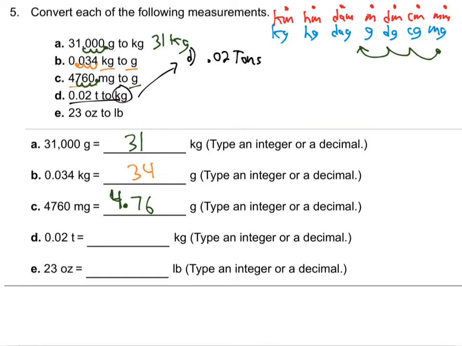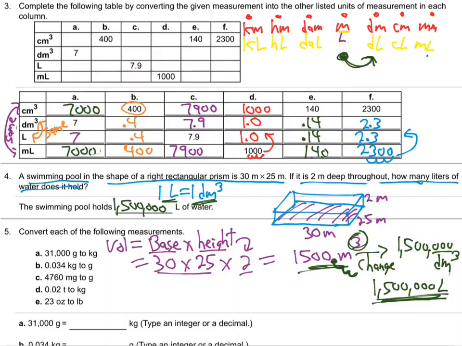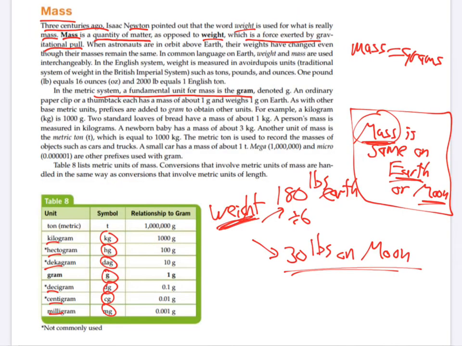But these tons are metric tons. This little T here is metric tons, and let's go find what that means. Looking back here in the notes, it says that little T, metric ton, is equal to 1,000 kilograms.